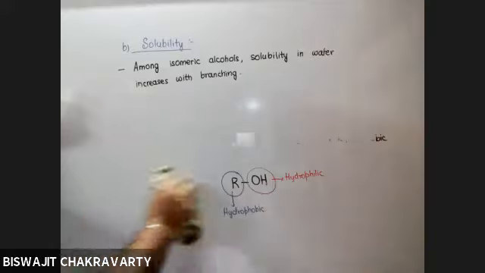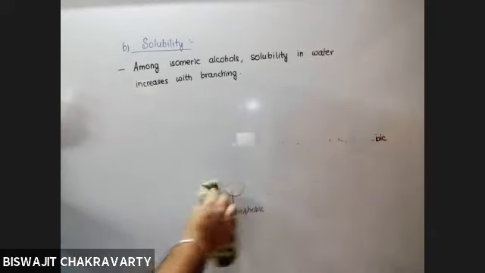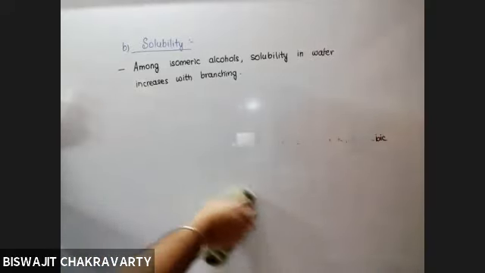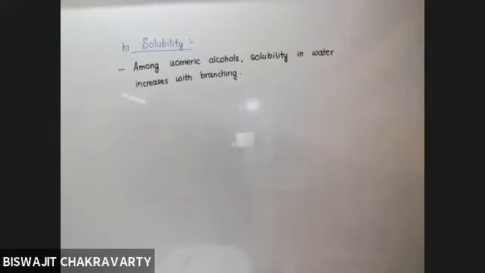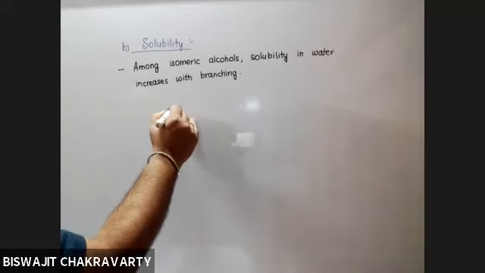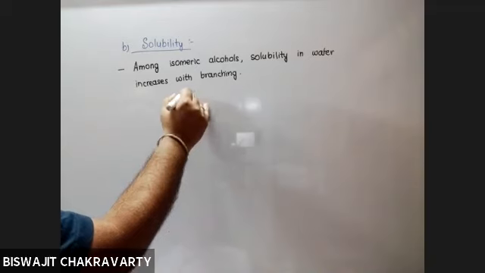Anyone? The surface area increases. Surface area increases with branching? Or decreases? If surface area decreases, why do you think there will be increase in the solubility in water? So interaction decreases between them. Okay.